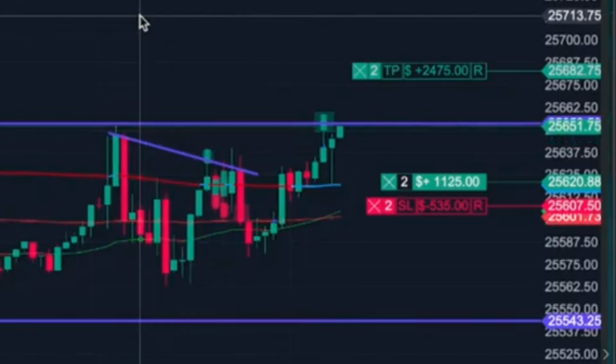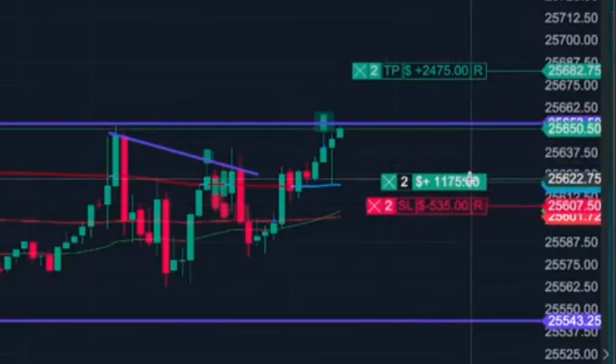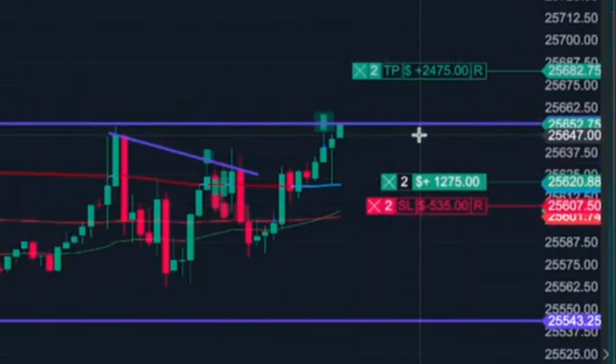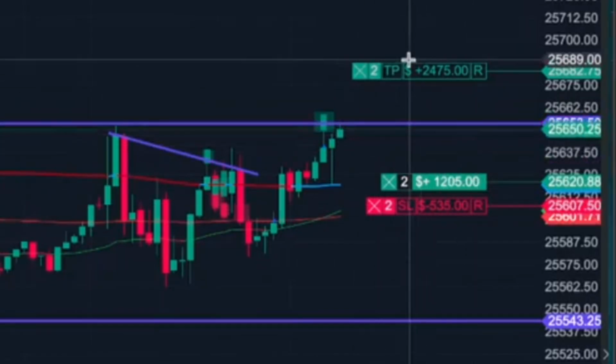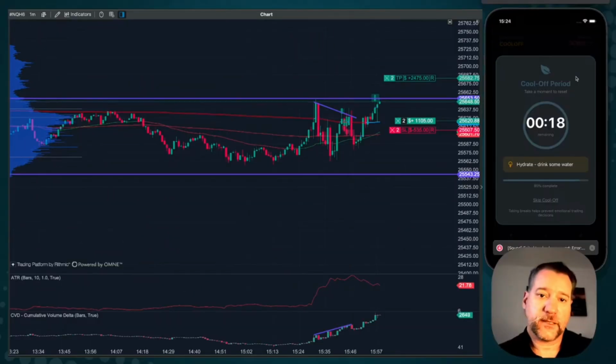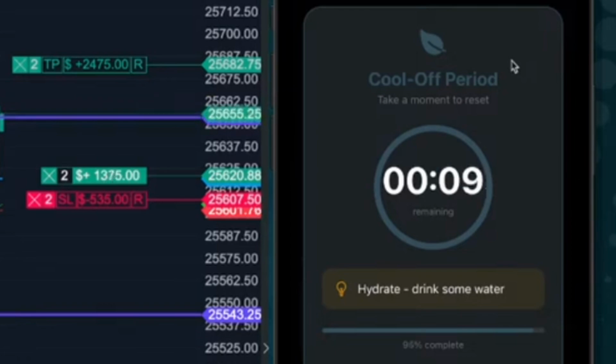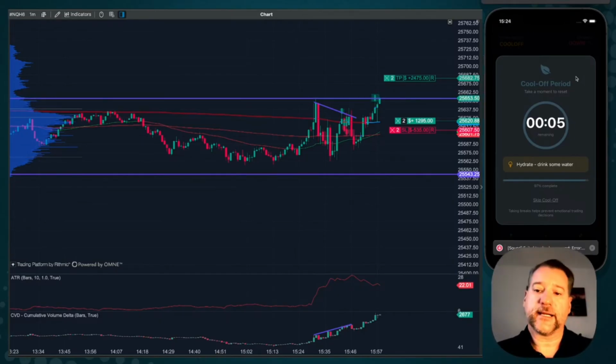So let's say now I'm risking 500 to make 2,000, so I can close the trade now, or I can leave it running and trail my stop loss. It's optional, okay, to take the break. You can set up a 2 minutes, 3 minutes, or 5 minutes break, the cool off timer. You set it up under the configuration.